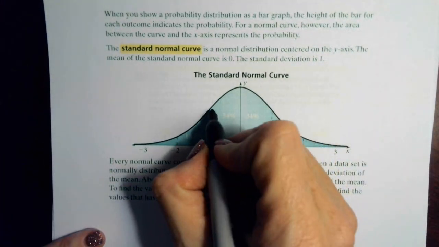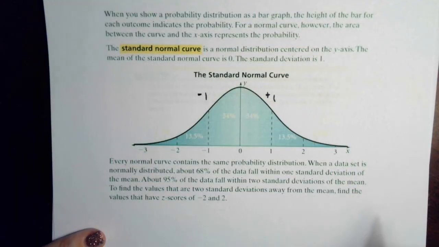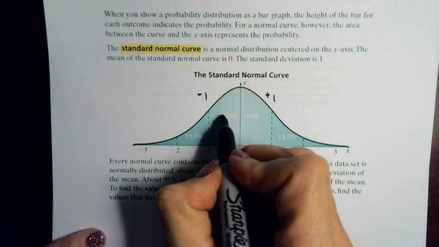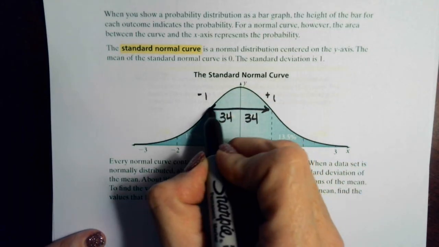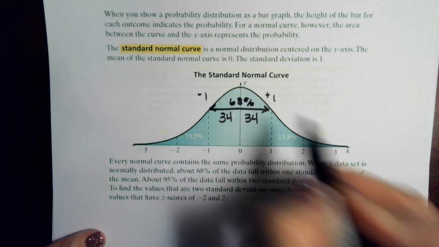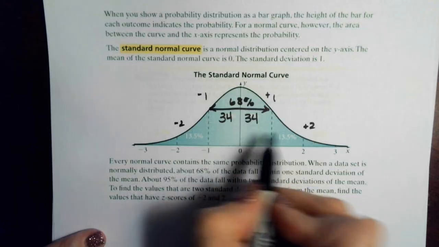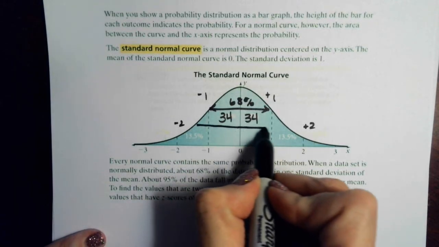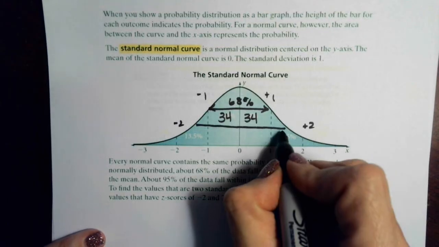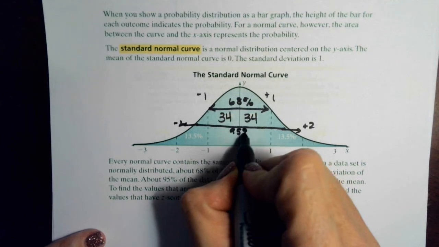Okay, so within one standard deviation, this is one above and one below. This is 34 and this is 34, and this would give me 68%. Okay, between two deviations, so 2 below and 2 above, that's going to give me 95%.